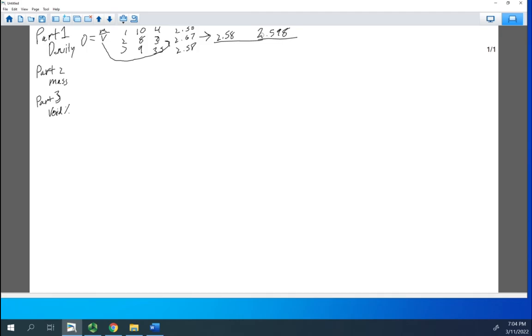So we know these two numbers are basically identical for this class. We'll just go ahead and use our 2.58 grams per milliliter as our density.